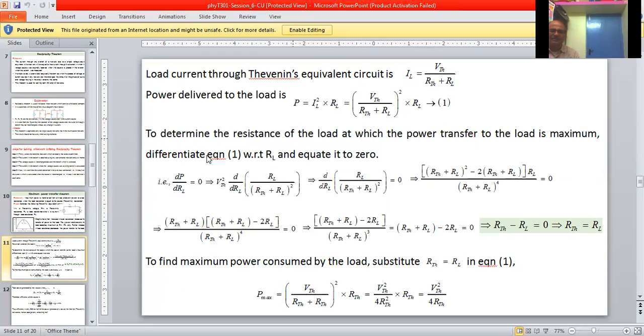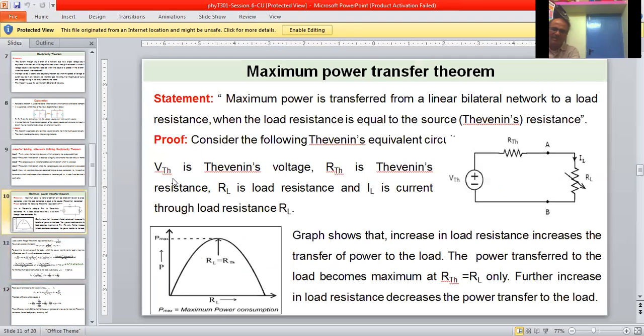So we have to differentiate equation 1 with respect to RL. So it becomes dP by dRL. And why should we equate this to 0? Because this is actually the slope of that curve, and the slope of this curve is 0 at the maximum value, here.